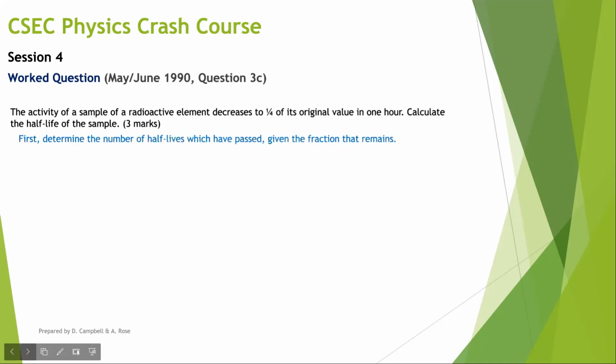Of course, you can look at this in a number of ways. You can determine how many half-lives have passed based on the fraction that remains. So remember that the fraction that is remaining is a quarter. So if a quarter is remaining, then it means that 2 half-lives would have passed, because a quarter is the same as 1 over 2 to the second power. So n is equal to 2, and n represents the number of half-lives.